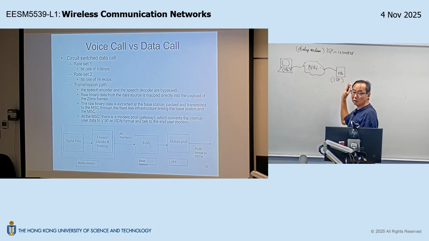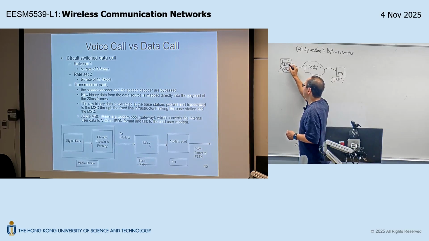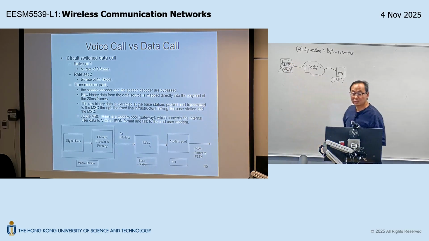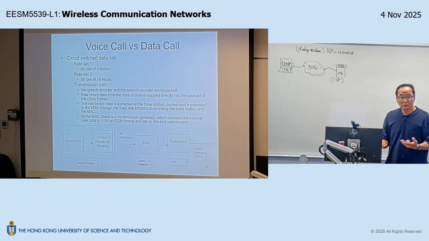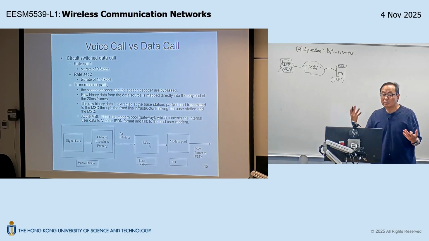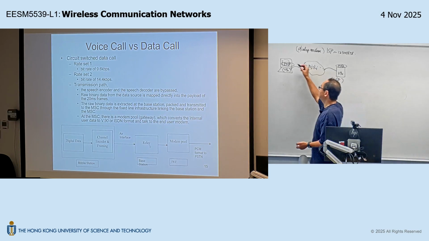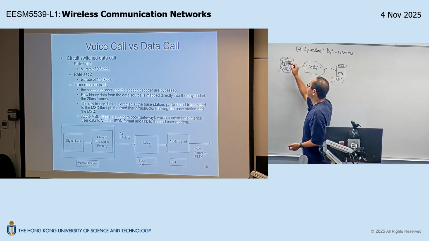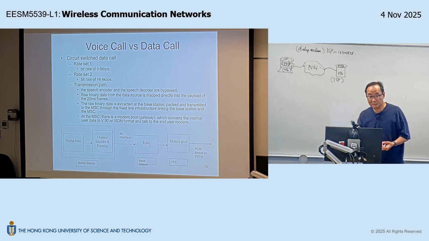After you establish layer 1, the next step is that the Point-to-Point Protocol, or PPP protocol, at the laptop will negotiate with the PPP protocol at the ISP. So this is for authentication. They will check your username and password, and then they will assign a public IP address to your laptop. And after successful handshaking, the IP layer of the laptop will be allocated a public IP address.